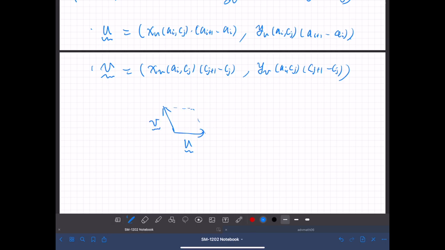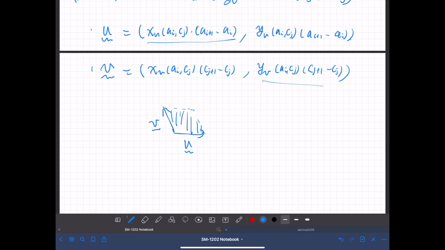And if you recall, the area of this parallelogram is given by this times this minus this times this, right?